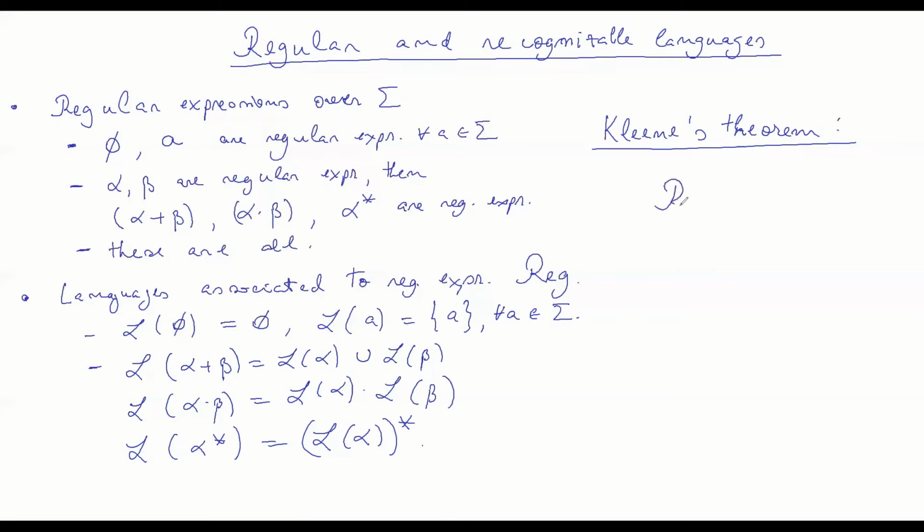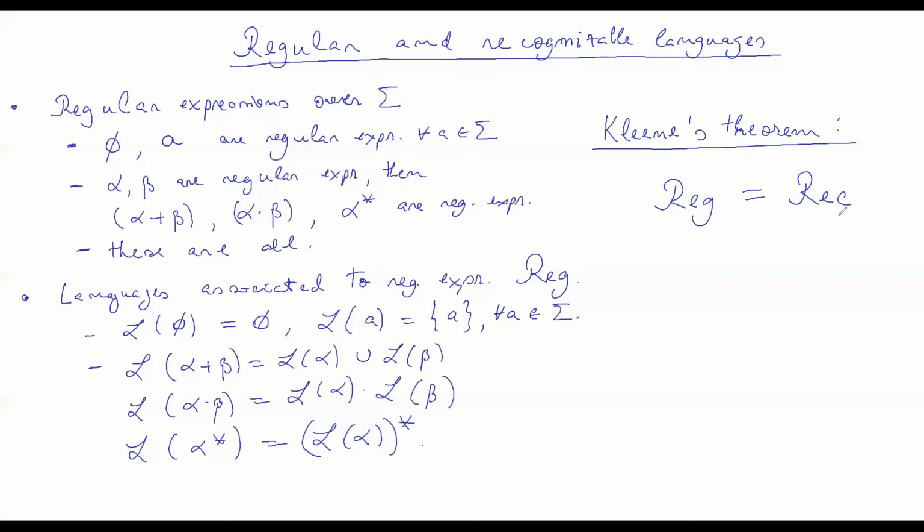I'm going to prove to you that the set of regular languages is exactly the set of recognizable languages. So all these languages defined by regular expressions are exactly the languages defined by finite automata. And it's a profound insight, and it's an interesting result from this point of view.